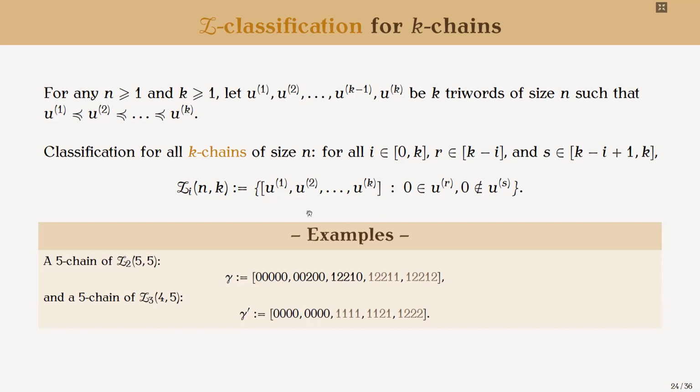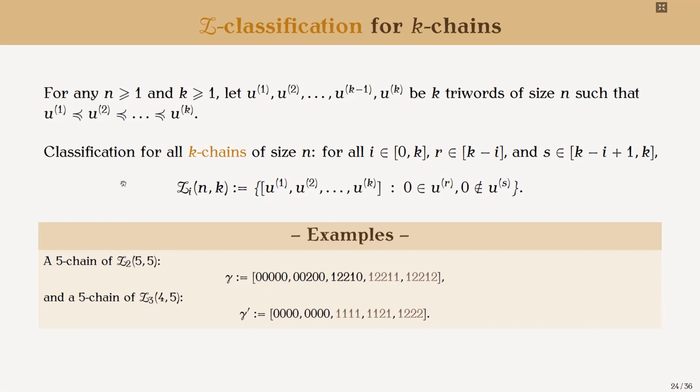We will represent these chains this way. You can have repeated words in the chain, of course. This is the same thing as an interval: the two-chains are the intervals in the poset, and the one-chains are the elements in the poset.